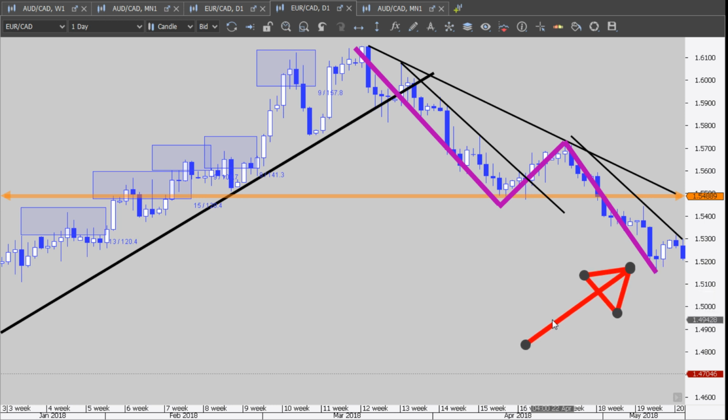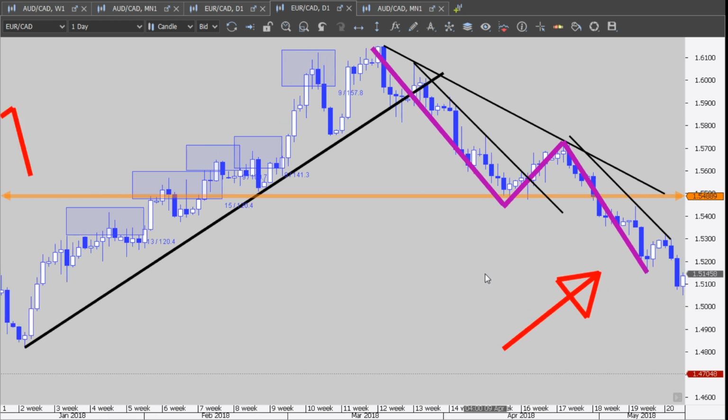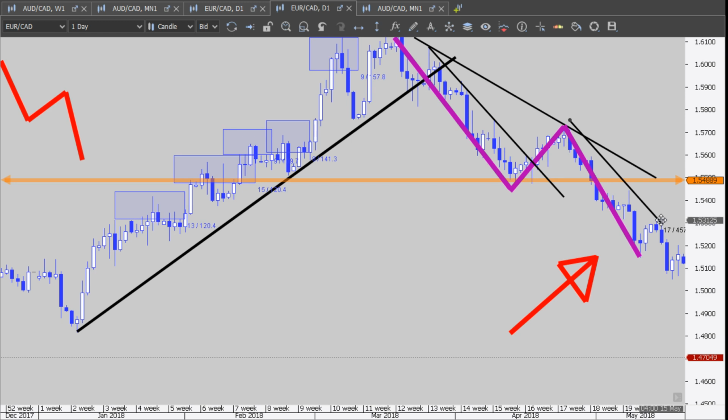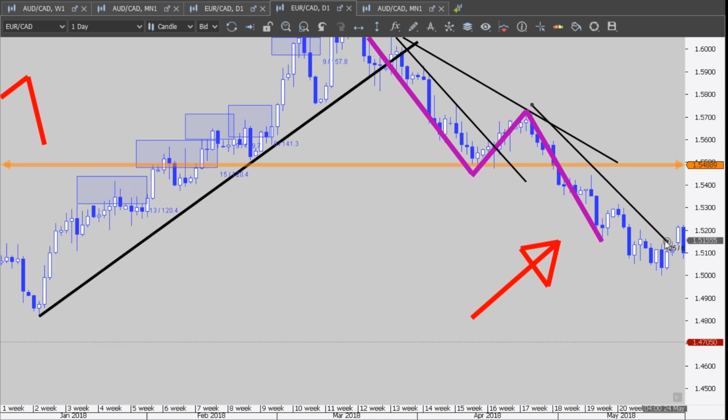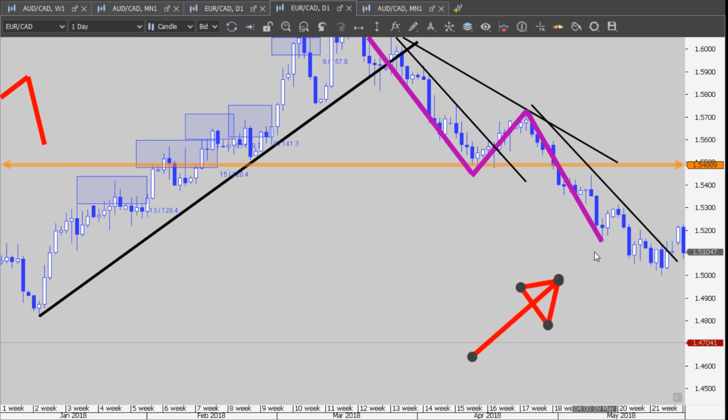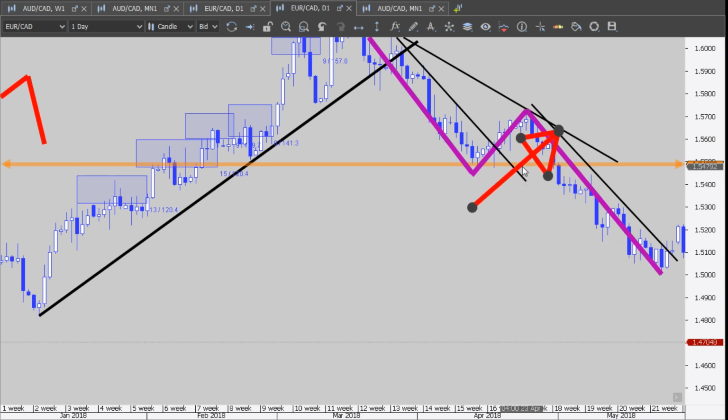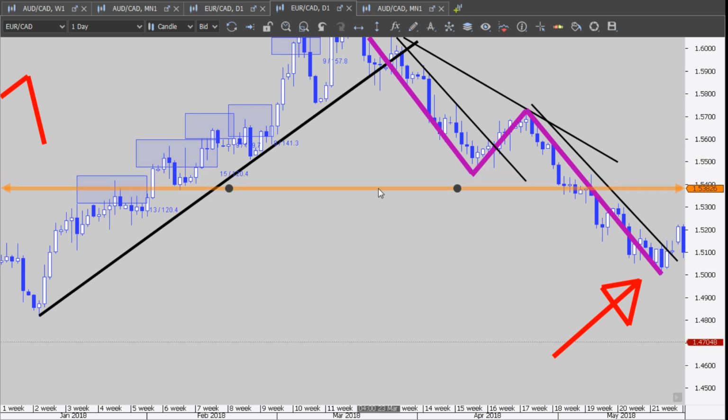And let's see. Let's compress the chart. Didn't break, didn't break. Okay, it broke in here. This was my extension leg. It broke my counter trend line on the extension. I'm going to look back in time.